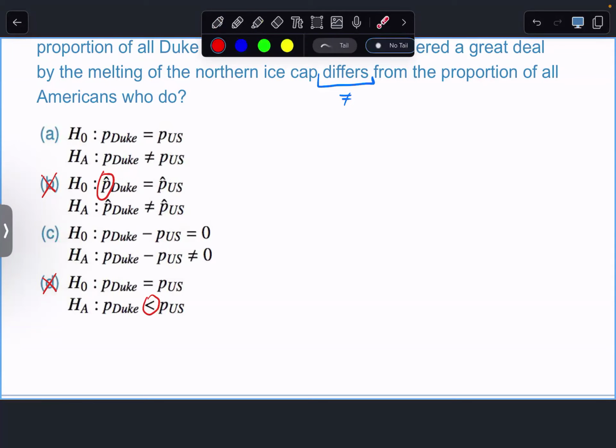If the proportion of Duke students is the same as the proportion of Americans, well, then the difference between the two must be 0, right? And so we could use either one of these. On the test, you're welcome to use whichever one you prefer, right? They're both on the formula sheet. Just pick one that you like and go for it.